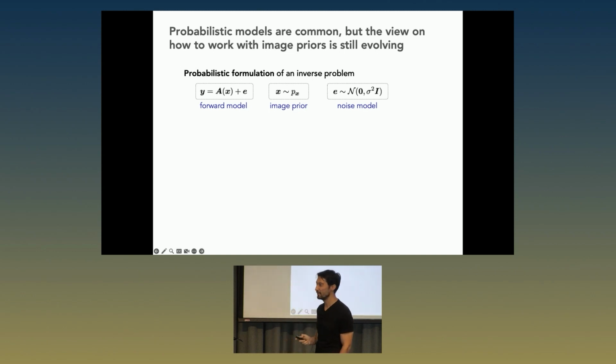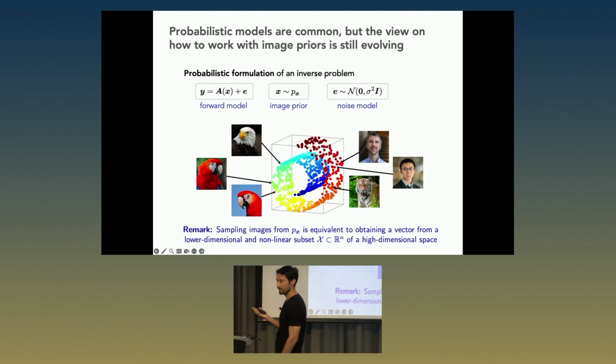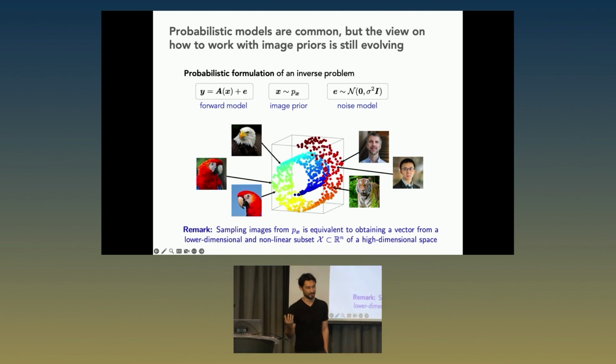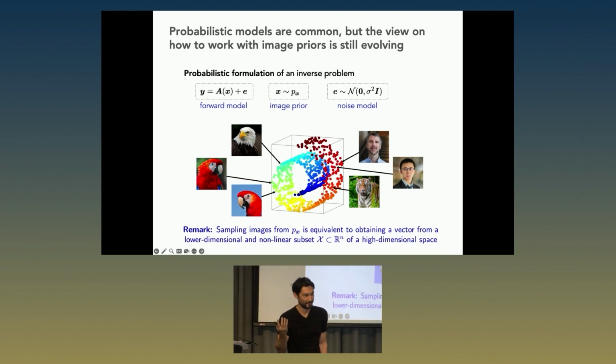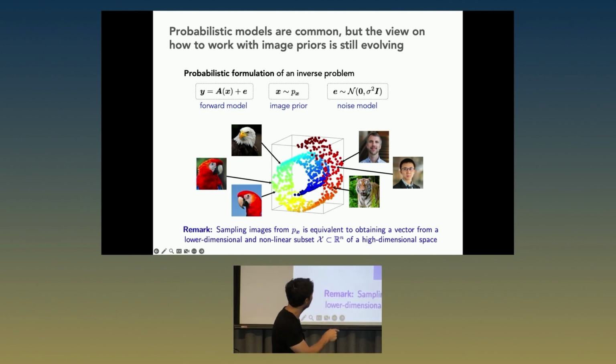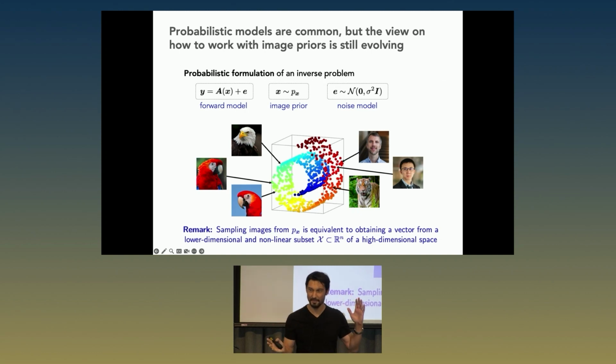Well, there are a few things we know about images. We know that they're very often high dimensional, except if you do a low dimensional setting. The second thing we know is that they're compressible, meaning if you have an n by n image, usually you can compress it to a volume much smaller than n by n.